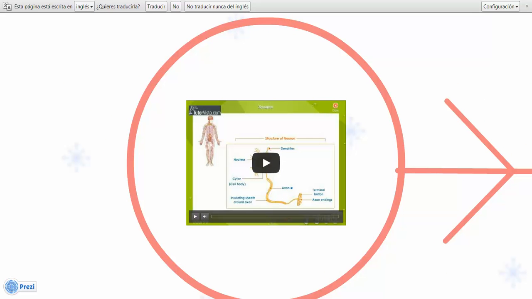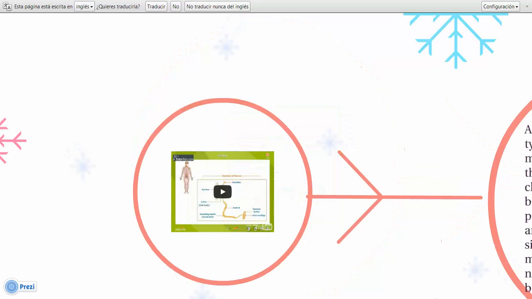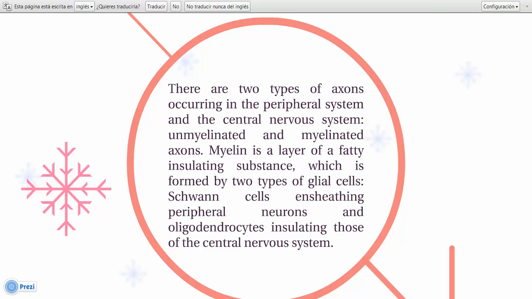There are two types of axons occurring in the peripheral nervous system and the central nervous system: unmyelinated and myelinated axons. Myelin is a layer of fatty insulating substance which is formed by two types of glial cells: Schwann cells encapsulating peripheral neurons and oligodendrocytes insulating those of the central nervous system.